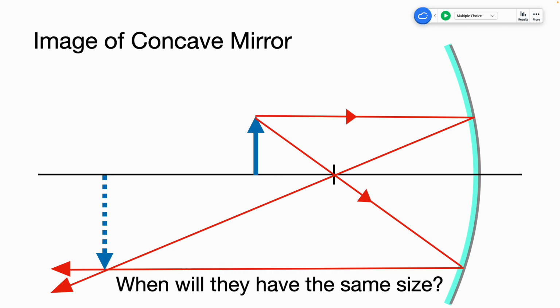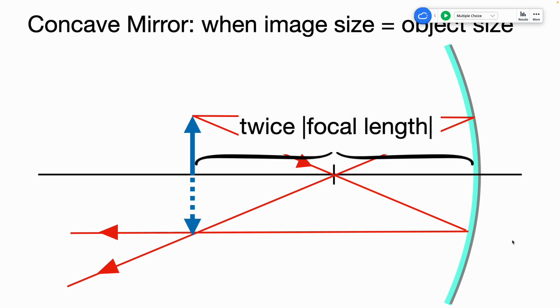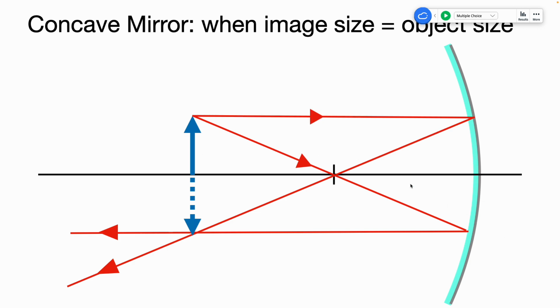And now you should ask, at what location will the image be exactly the same in the vertical length as the object? And you can convince yourself by drawing that it happens when the object is twice the focal length away from the mirror.